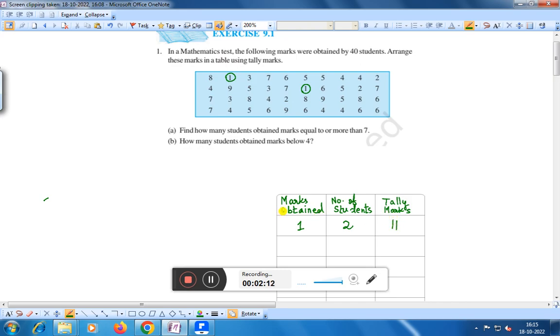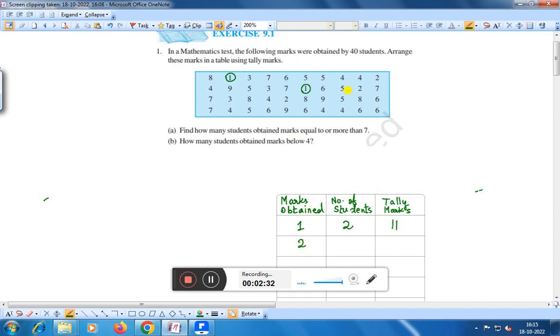Now marks obtained is 2. How many students are there?